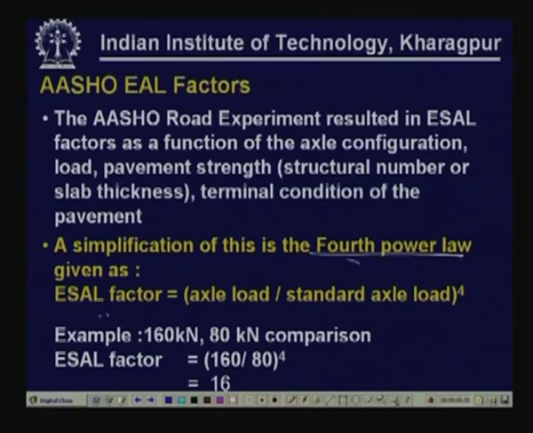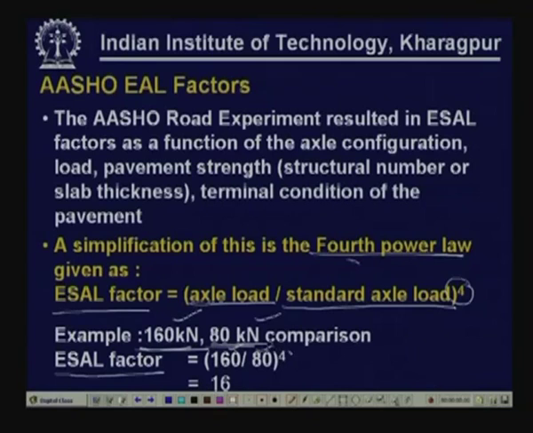It is given as: equivalent standard axle load factor equals the axle load under consideration divided by the standard axle load, which is 80 kilonewton, to the power 4. That is why it is called the fourth power law. This is an approximate one. For example, if we are referring to a 160 kilonewton load and we are trying to convert that into an equivalent number of 80 kilonewton standard axles, the equivalent standard axle load factor will be 160 by 80 to the power 4, that is equal to 16.